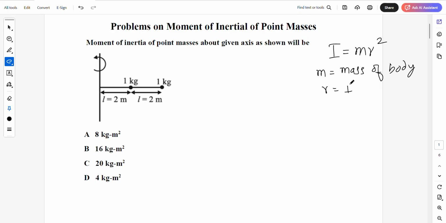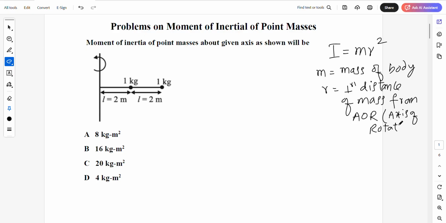R is nothing but perpendicular distance of mass from AOR. What is AOR? Axis of rotation.